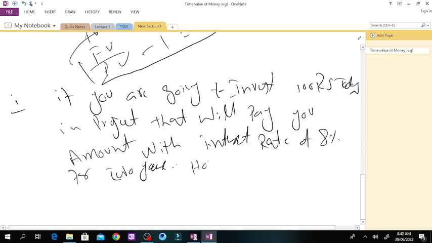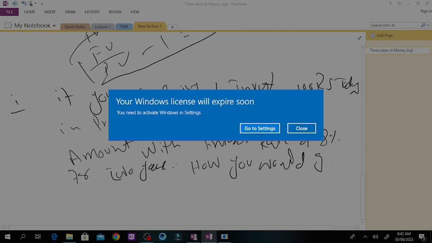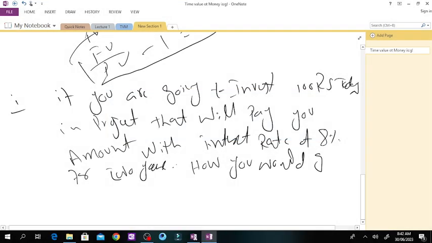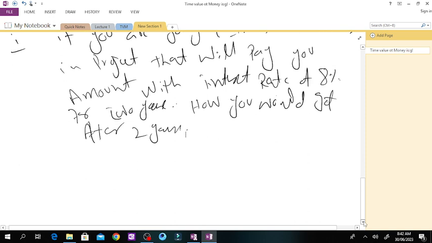So how much you would get after 2 years? So what you have to do, you have to extract the main information. If you are going to invest, we have a present value, how much, 100, we have a number of years which is 2, and interest rate we have 8%.